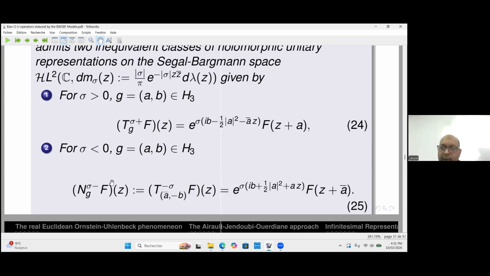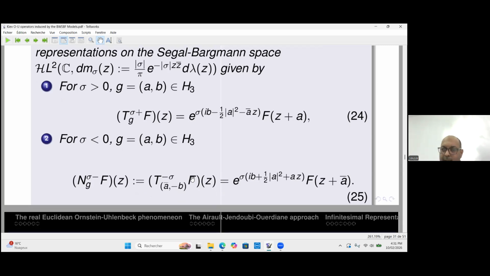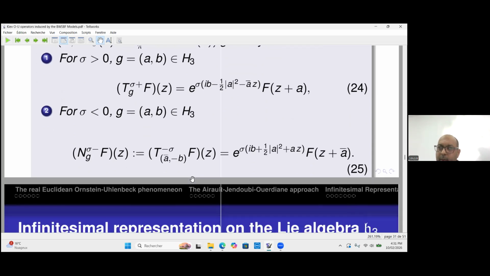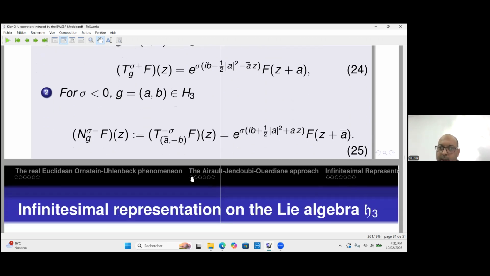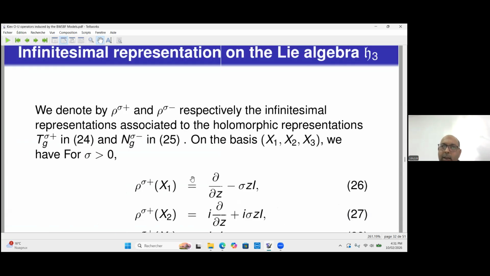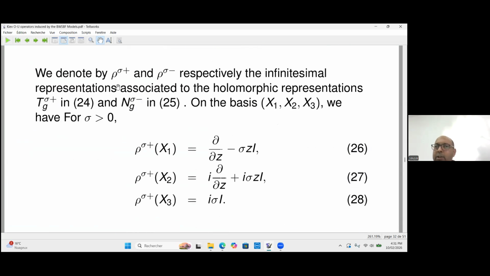For sigma negative, we have a representation that is related to the first one, but in this way. We shall denote the infinitesimal representation related to sigma positive by rho sigma plus, and for the negative one, rho sigma minus.